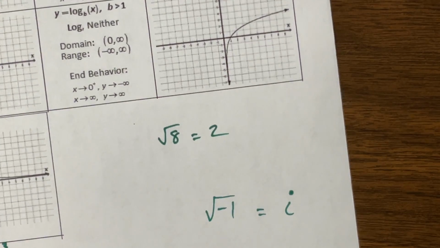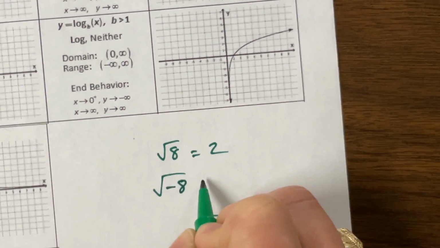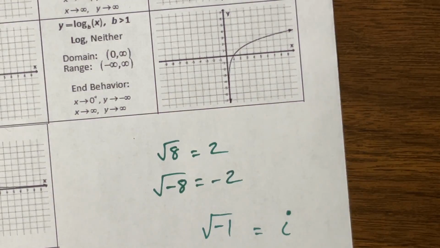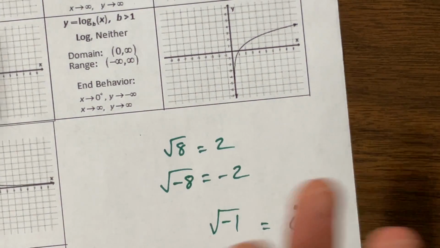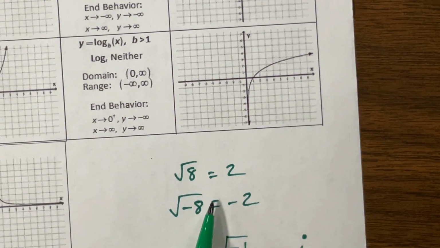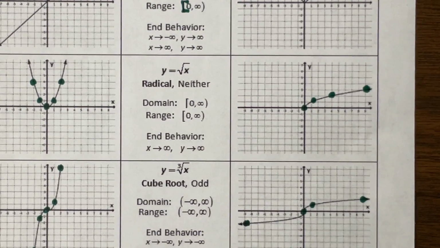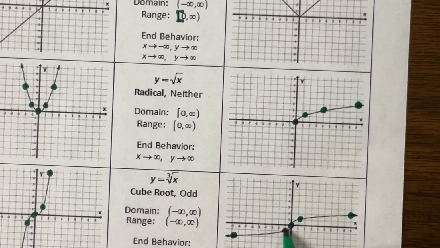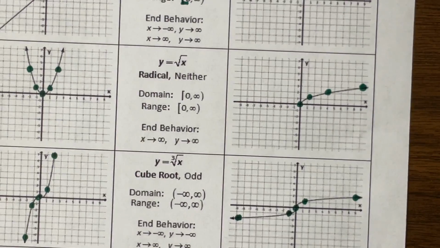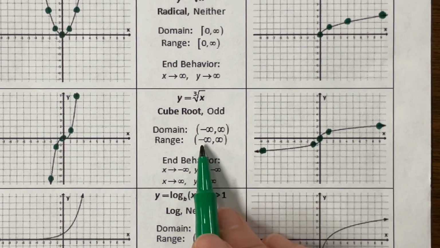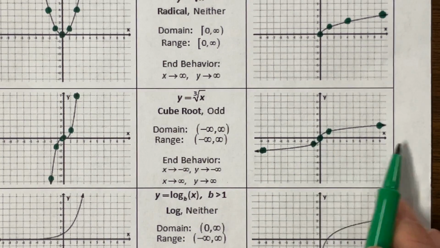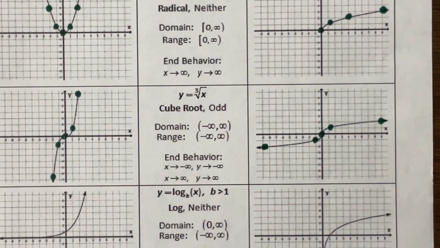And the cube root of negative 8, its real answer, is equal to negative 2. It has 2 more answers, but they're non-real, so we're going to ignore that. So when I have an input value of negative 8, I have an output value of negative 2. And negative 1 right here. Okay, so for my end behavior, as x goes to negative infinity, y goes to negative infinity. As x goes to positive infinity, y goes to positive infinity.